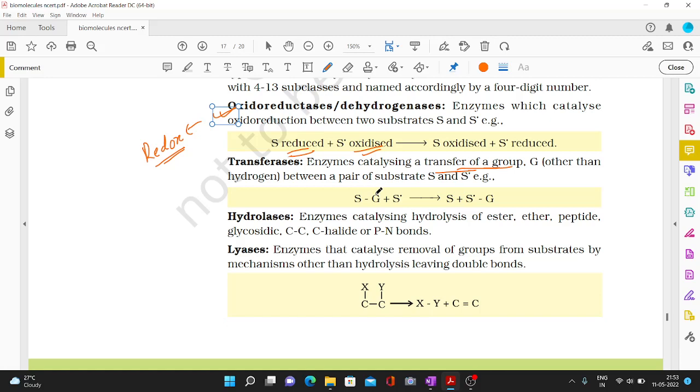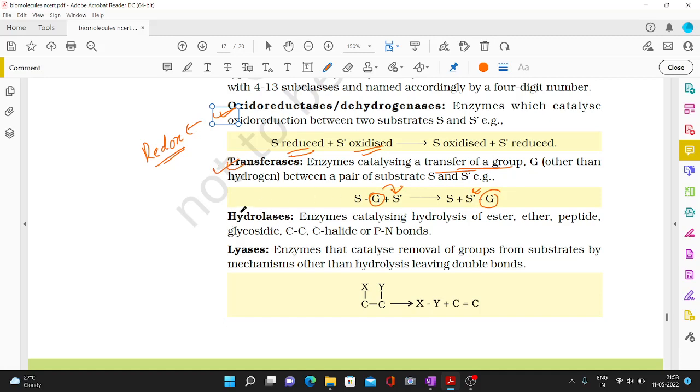For example, this entity G, okay, if you look at it carefully, on the reactant side G was with S, and on the product side G is with S', right? Fine. So basically G has been transferred from S to S'. Enzymes which help in catalyzing the transfer of certain groups are known as transferases.